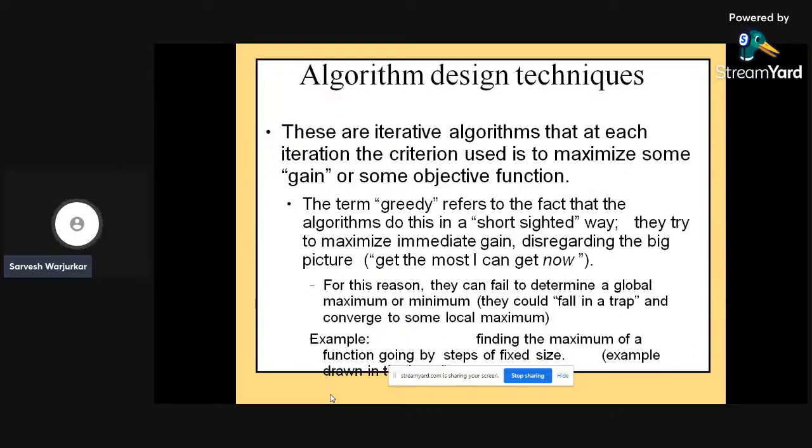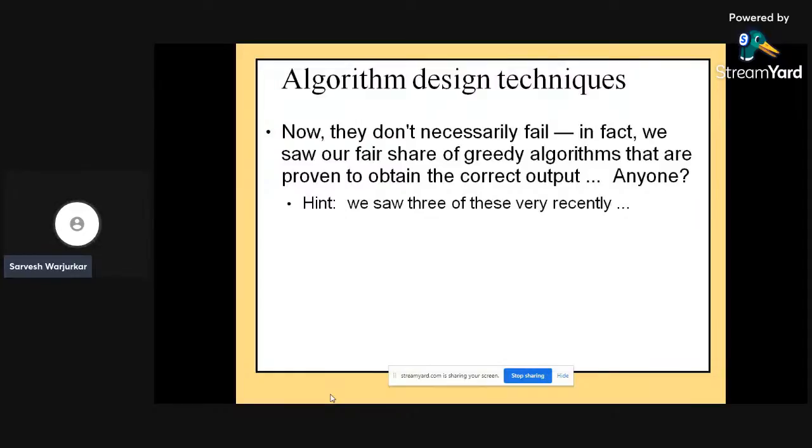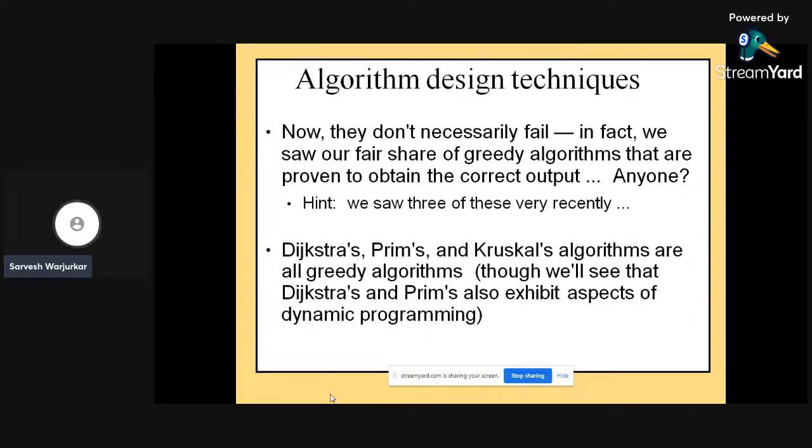Next, when we are dealing with different algorithm design techniques, they don't necessarily fail. In fact, we saw our fair share of greedy algorithms that are proven to obtain the correct output. We saw all of these three very recently in the last videos: Dijkstra's, Prim's, and Kruskal's algorithms are all greedy algorithms that I have just mentioned.